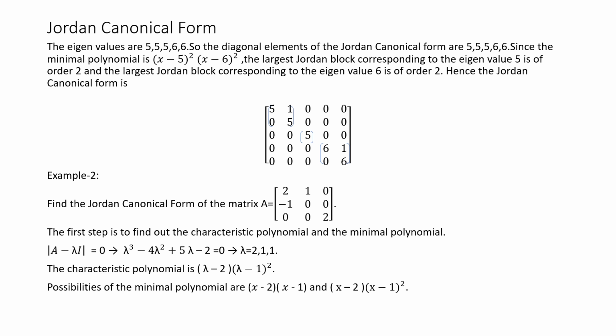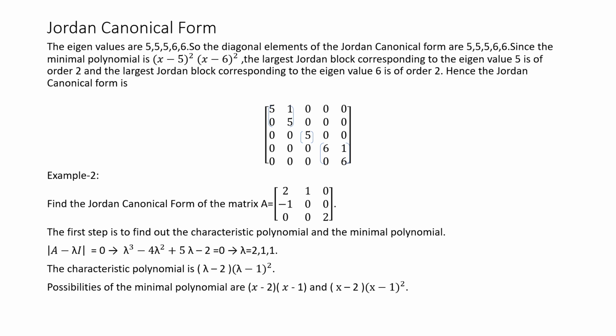So, the largest Jordan block corresponding to the eigenvalue 5 is of order 2. In the same way, corresponding to the eigenvalue 6, the factor is x minus 6 and the power of x minus 6 in the minimal polynomial is 2. Hence, the largest Jordan block corresponding to 6 is also of order 2.